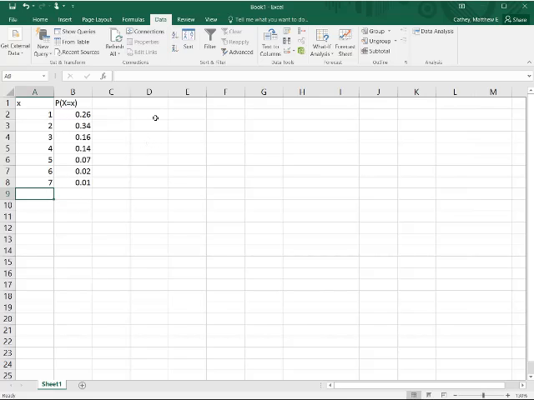How do we compute the mean? Remember, to find the mean, we multiply each value for X times the associated probability, and then add up all those results. In column C, right next door to the probabilities, I will make a column for the product.